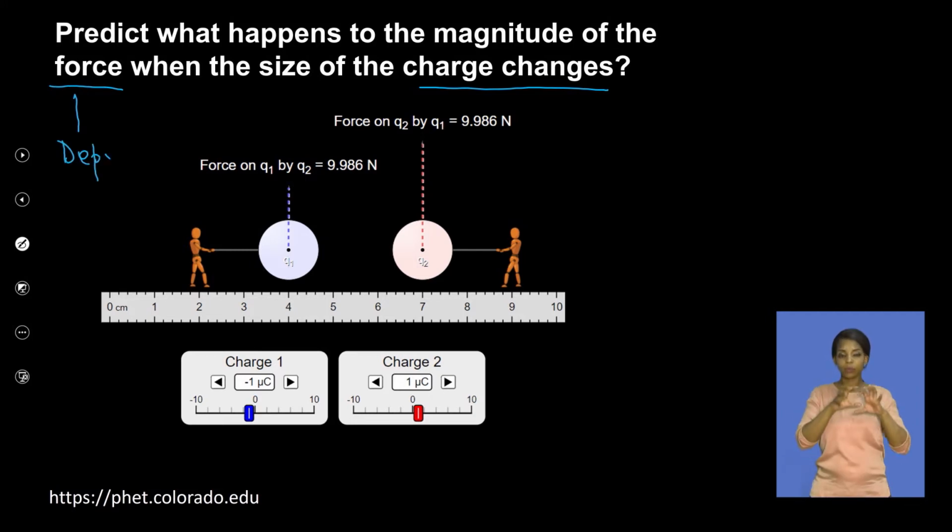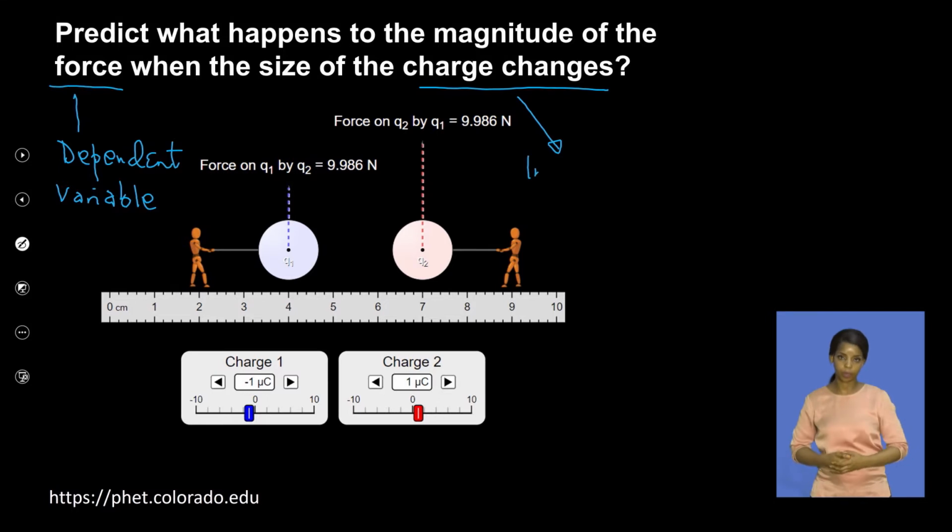We've already spoken about the dependent variable. So we want to see how the magnitude of the electrostatic force is affected by changing the charge. So the charge of one of the two charges is going to be changed. This charge which we change or manipulate is our independent variable.